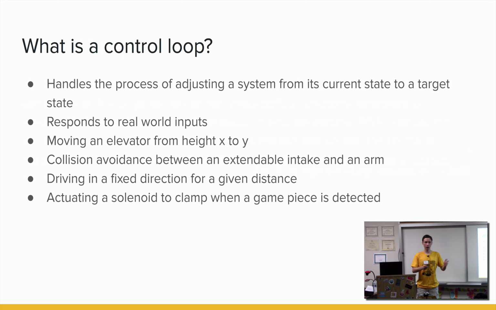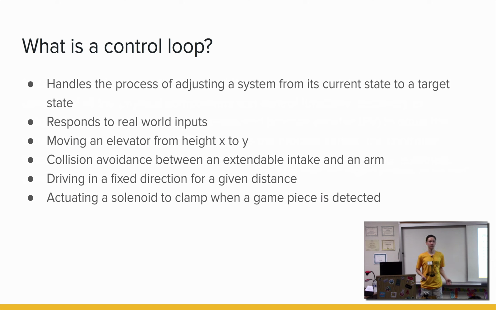We know all the information about what it's at currently, and we want to bring it to some target. And so it responds to real-world inputs much better. For example, rather than using time, a control loop system might respond to sensor readings, such as encoders or potentiometers, or even a limelight, for example.